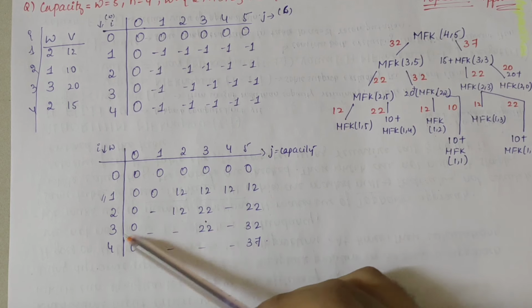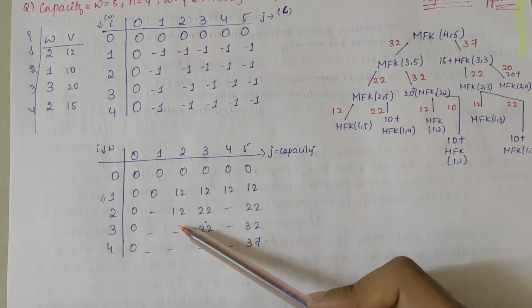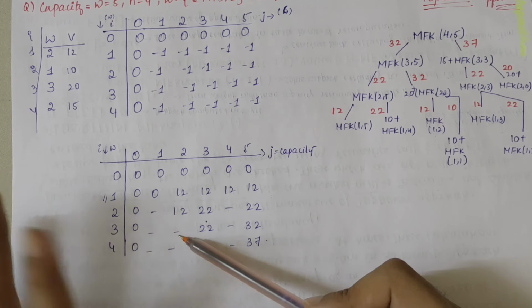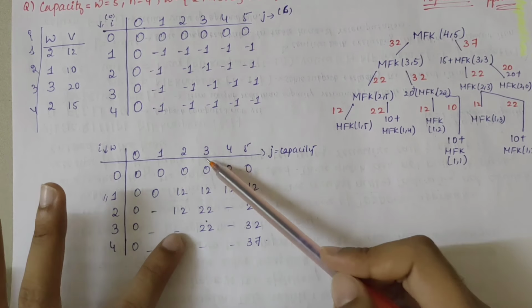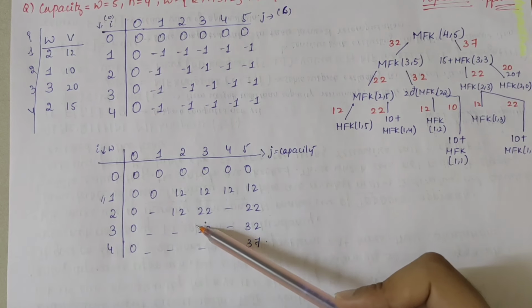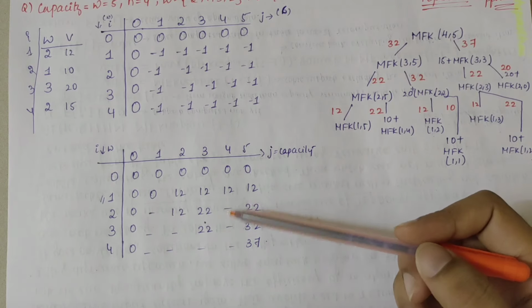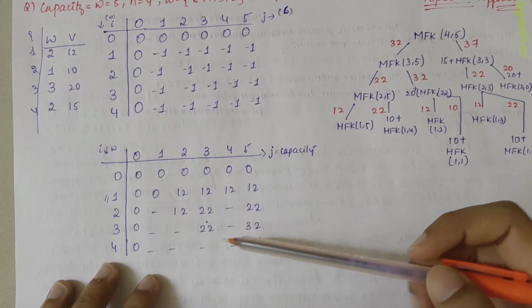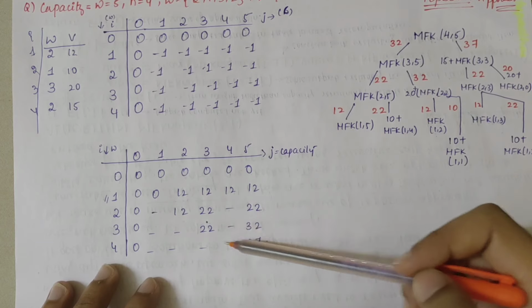If I take j equal to 3 comma 2 and explain: if I exclude it, I'll get 12 here, and if I include the value of 2 plus f of 1 comma 2, I'll get 22. So I can write 22 here. Coming to j equal to 4, if I exclude it I'll get 22, and here also it's not necessary, so I'll leave it empty.